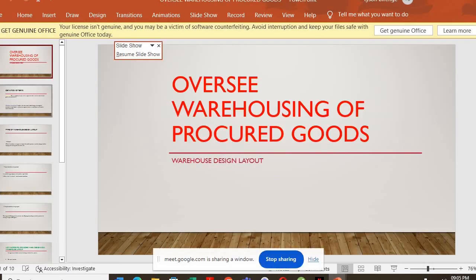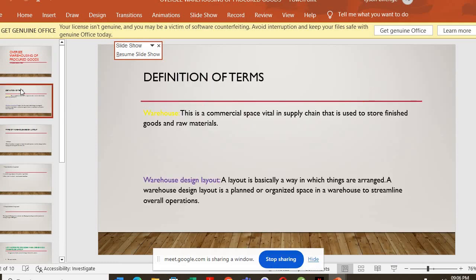Now today I want us to jump into the new topic. It is warehouse layout. So can everyone see my screen? Yes. Okay. Now, Julie, would you please define the term warehouse?